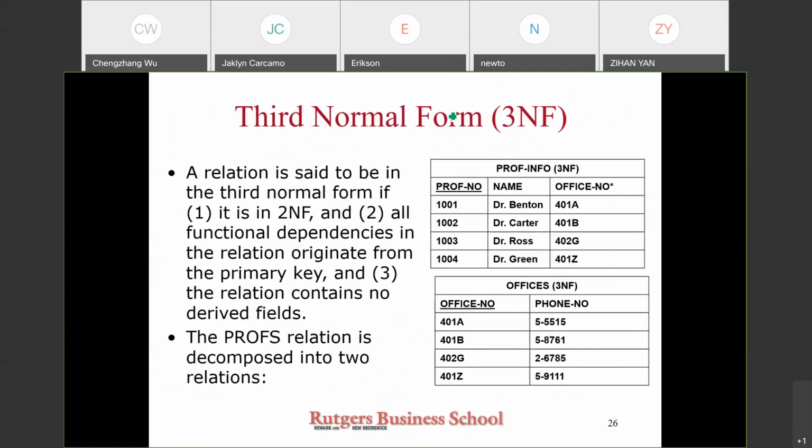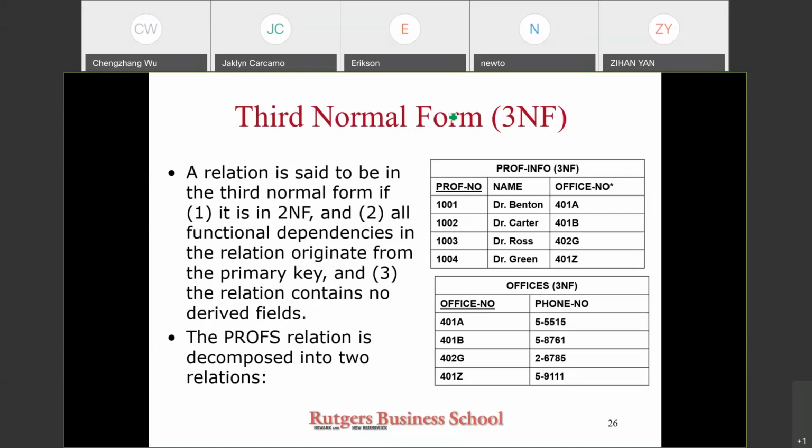So the solution is right here. We decompose professor information and office information into two tables. So this is a table in third normal form.